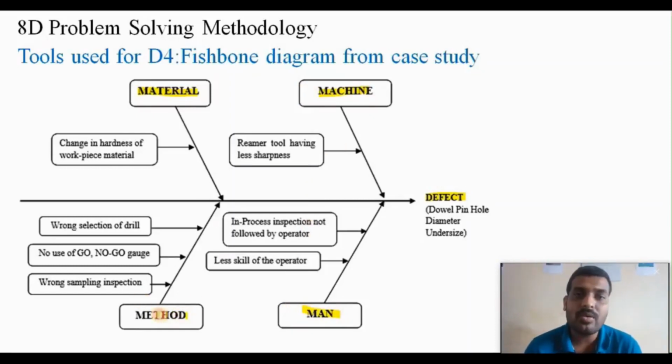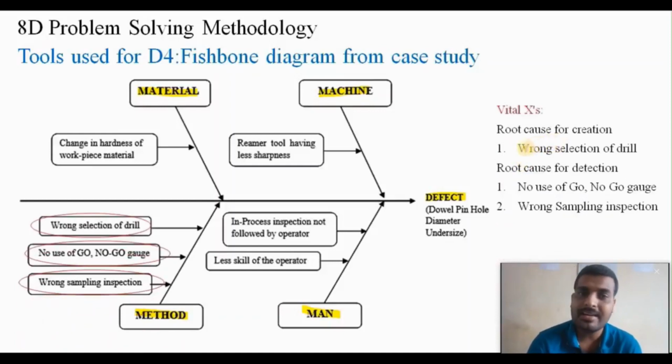Now we will see which vital few causes are more influencing the defect. Here you can see the root cause for creation is wrong selection of drill, and the root cause for non-detection is no use of go or no-go gauge, and wrong sampling inspection. So this is about the fishbone diagram or cause and effect diagram.